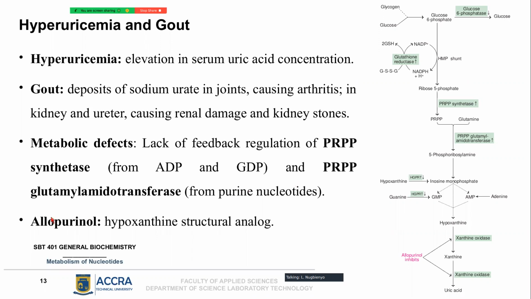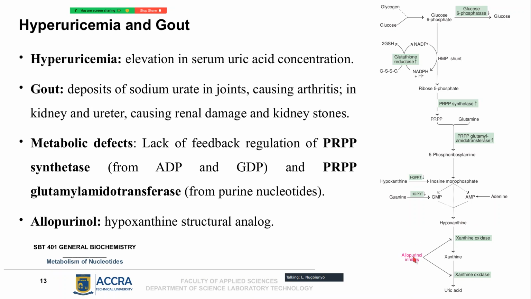Now, there is this drug, allopurinol, which is an inhibitor of the enzyme xanthine oxidase, which we have seen earlier. We are seeing it here again; it is responsible for the conversion of hypoxanthine and xanthine to uric acid.